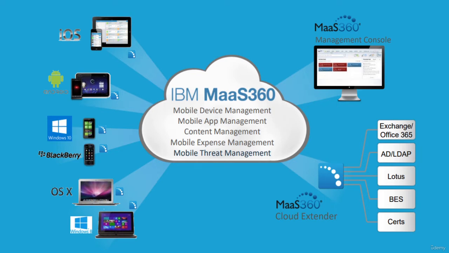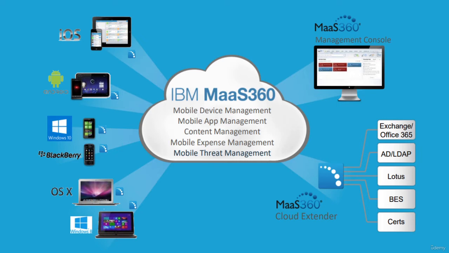The other thing we have under IBM MaaS360 is the Cloud Extender, which is a service you enable to connect to external services like Office 365, Microsoft Exchange email, or corporate email. You can also configure it to enable Active Directory or LDAP authentication.